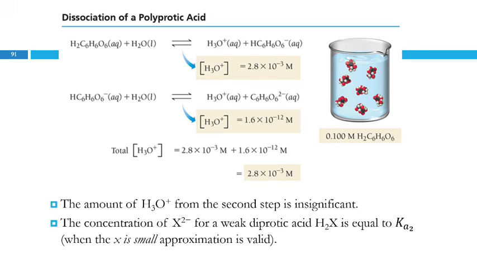That works when the X is small approximation is valid. If you forget that, maybe you have to calculate that on a test, you can do the ICE table, you'll get the right answer, and then you'll go, oh, that's right, it was just K. No harm done. Any questions?